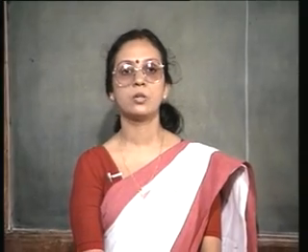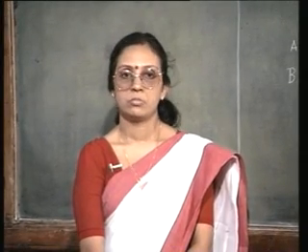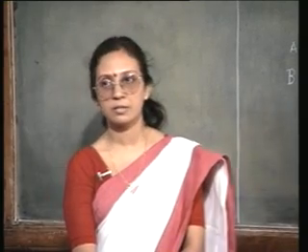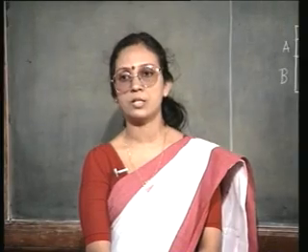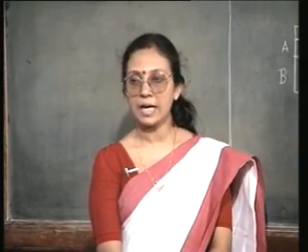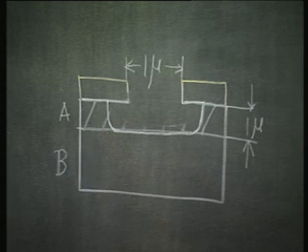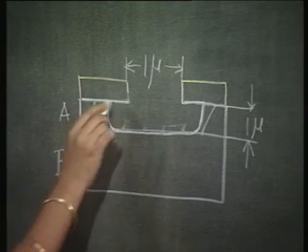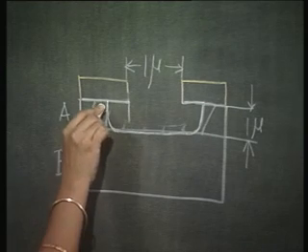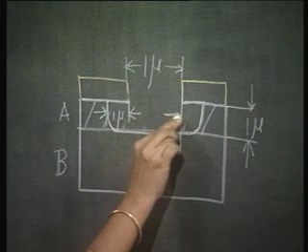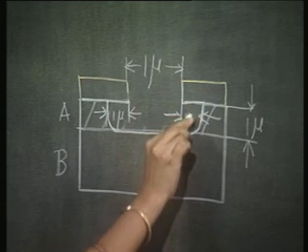That means it etches exactly at the same rate both the horizontal as well as the vertical surfaces. In that case, whatever depth it has gone in the vertical direction, it will be the same in the horizontal directions also. So, even this dimension is going to be 1 micron and this is also going to be 1 micron.